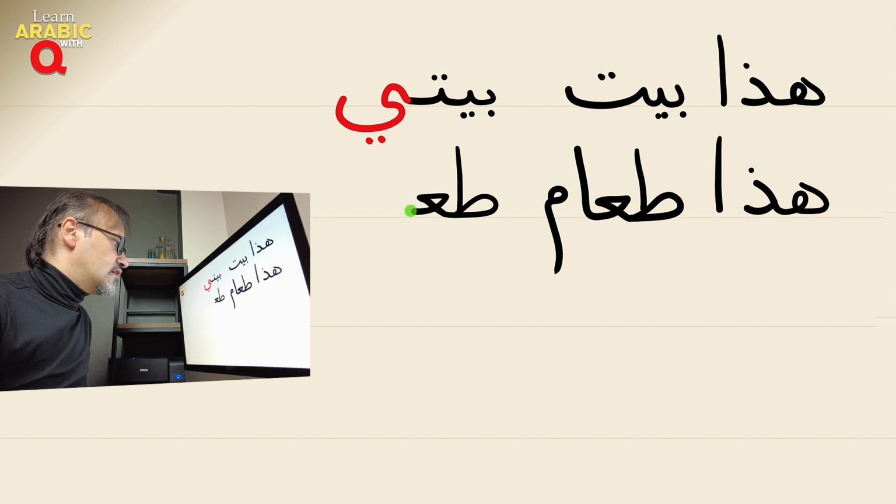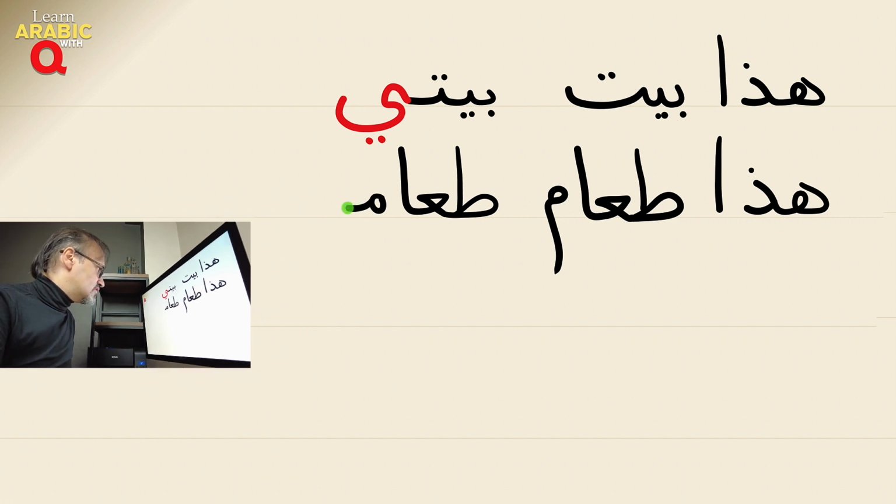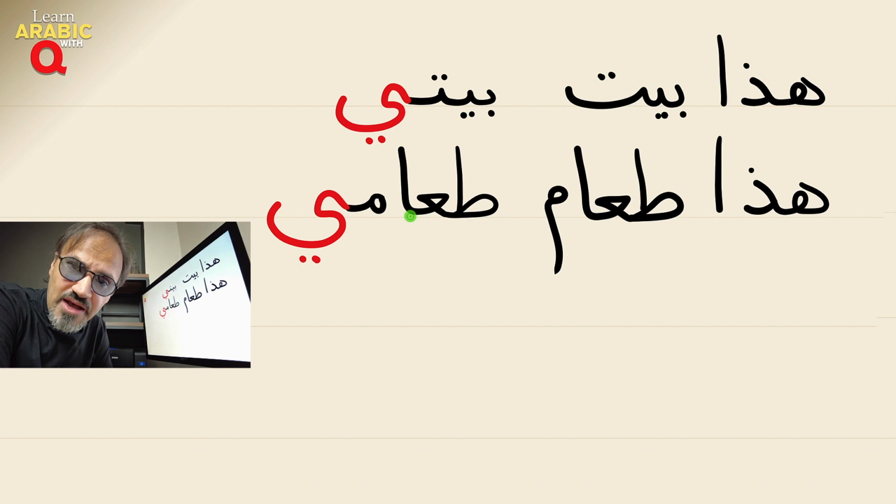Now here the mi is no longer the ending form. It's a mi that comes like this, and it's connected to a ye. هذا طعامي.